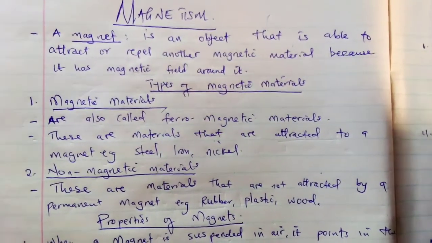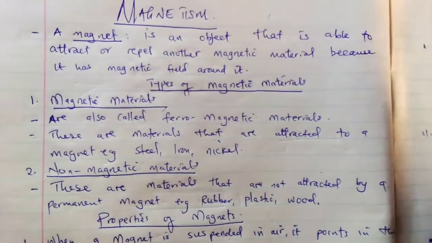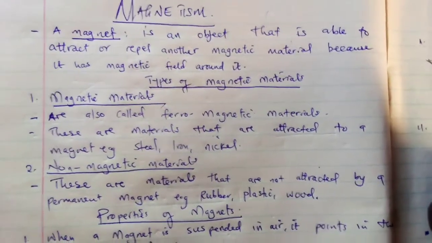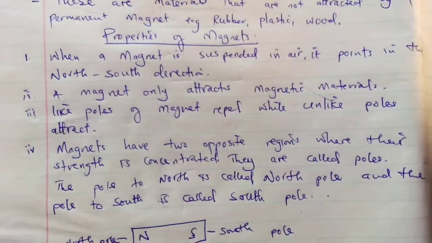So when you are given a magnet or you are given a material, how do you know that the material that I have is a magnet? So properties of a magnet would tell us whether the material that we have is a magnet.